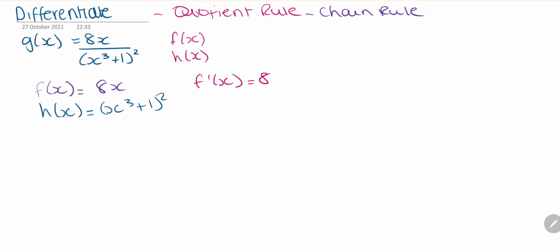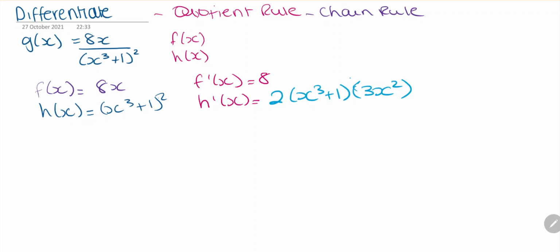And if I take the derivative of h, I'm going to need to apply the chain rule and the power rule. So we have 2 in front, this is our power rule, so we have (x cubed plus 1) to the power of 2 minus 1, so this is just the power 1. Then we need to multiply by the derivative of the inside, which is going to be 3x squared.